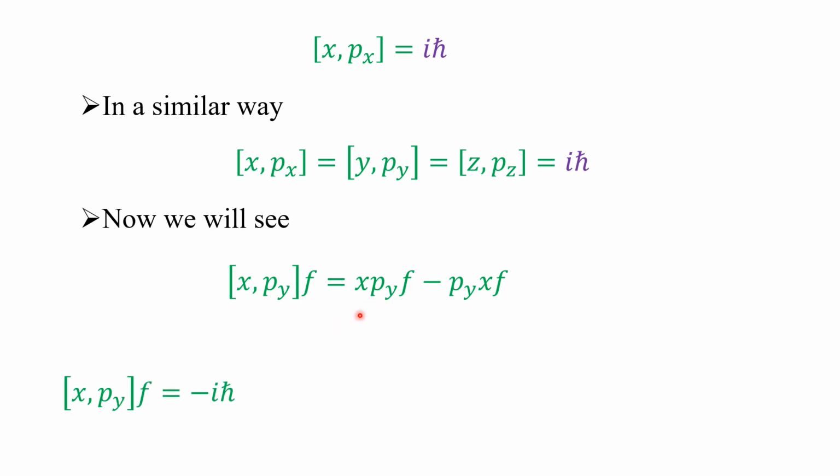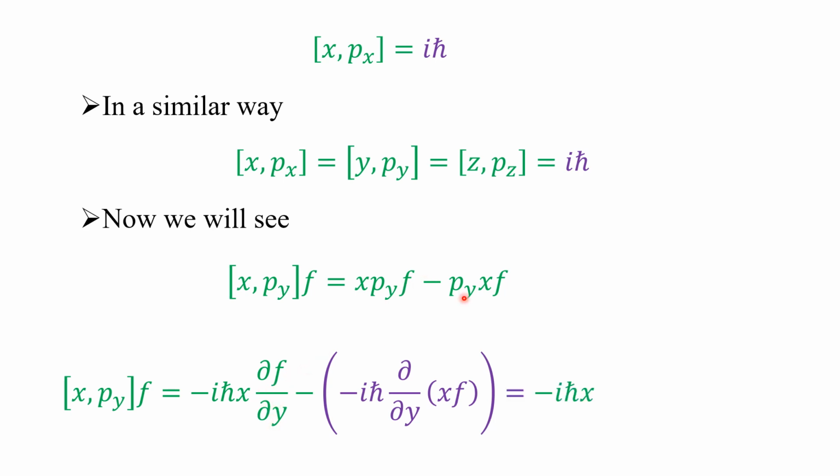Here py can be written as minus I h cross delta over delta y, which acts on x f. The second term I have shown in violet color.